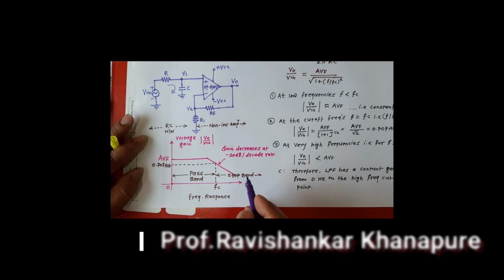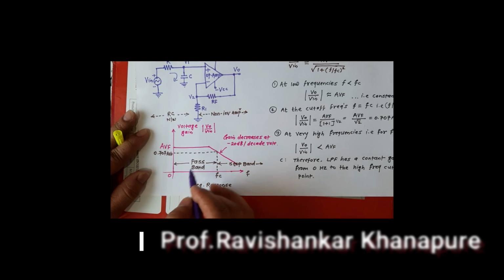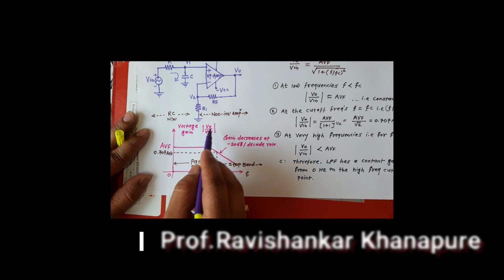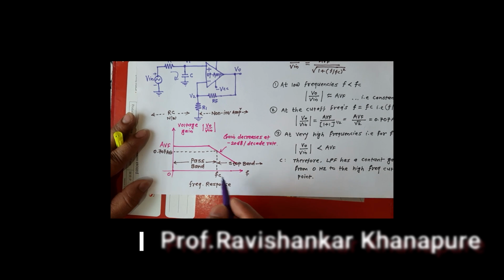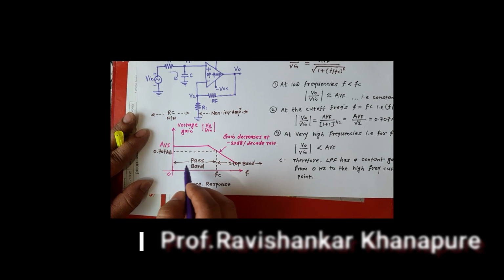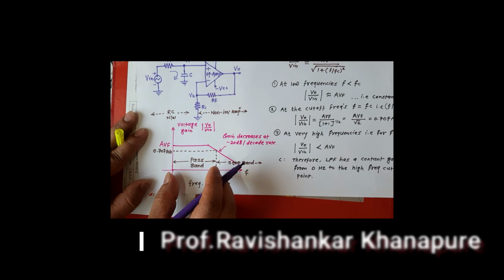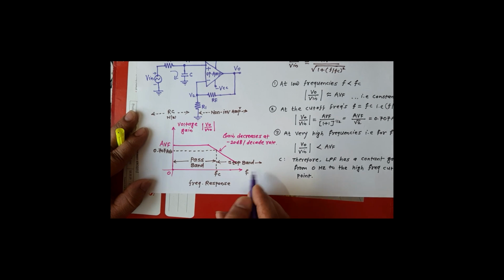After that, if you see the frequency response, this is the frequency f and this is the voltage gain V0 by Vin. As we just discussed, from 0 to the cutoff frequency Fc is the pass band, and beyond this Fc the band is called the stop band.